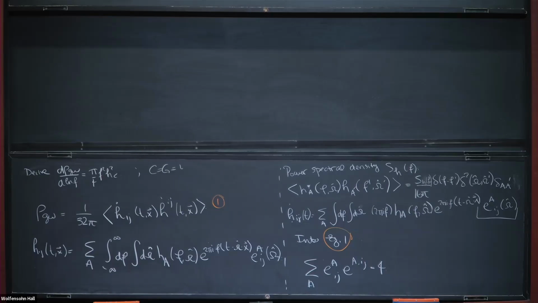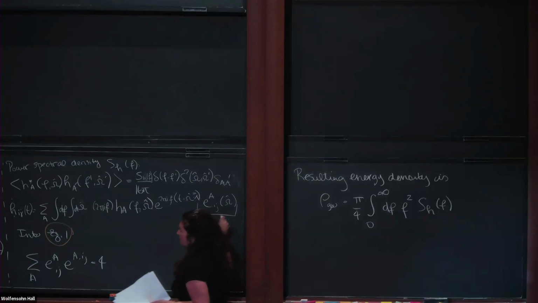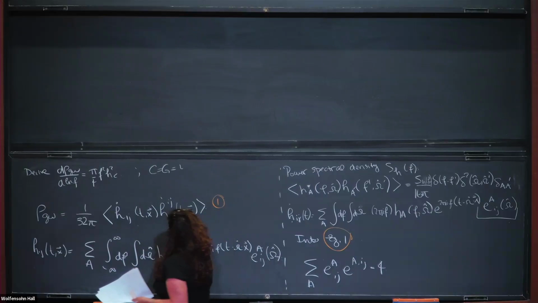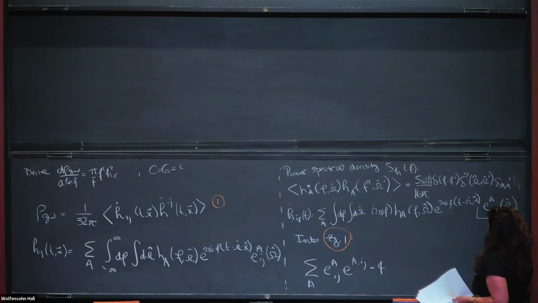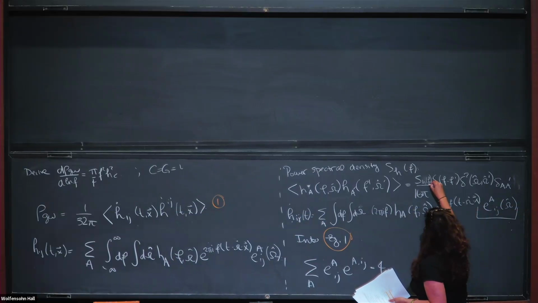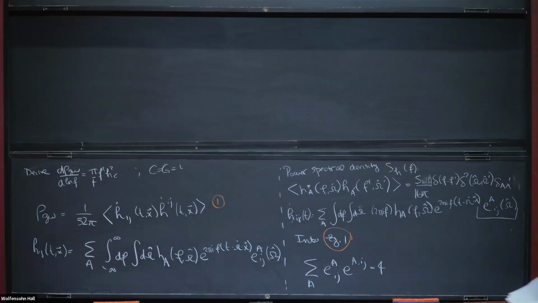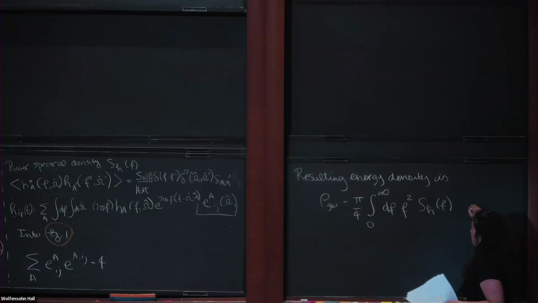So we're just applying everything that we learned here. This quantity, when you have two of them from your time derivatives, you're looking at your ensemble average, this thing goes to 4. If you look at your definition of S_h of f and apply this, it distills down into this formula here.